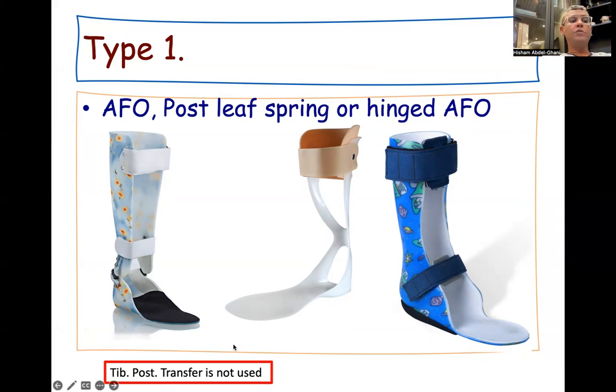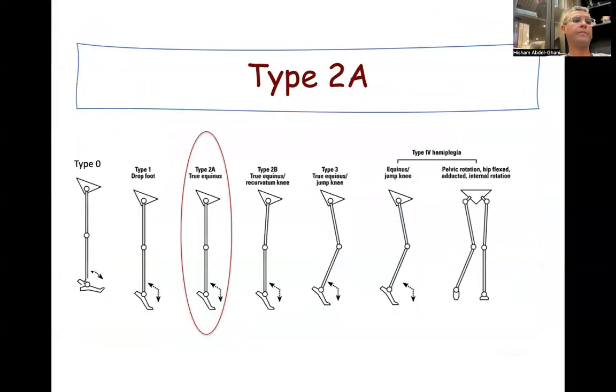The tibialis posterior transfer is not used for this type of foot drop. Usually tibialis posterior to anterior transfer is used in cases of common peroneal nerve palsy or flaccid paralysis, after proving that the tibialis posterior is well functioning, of good strength and phasic, to transfer it to the dorsum of the foot. But in cerebral palsy, this is not the case, and usually it is not used as a transfer to correct the foot drop.